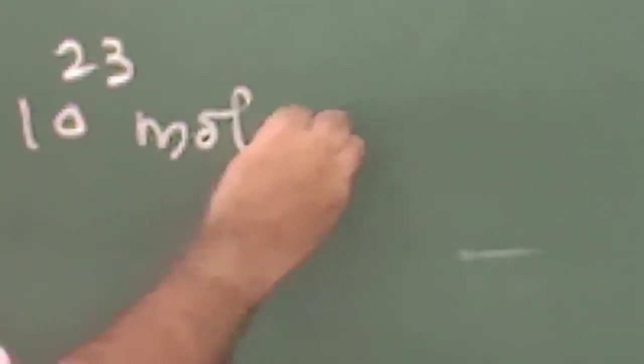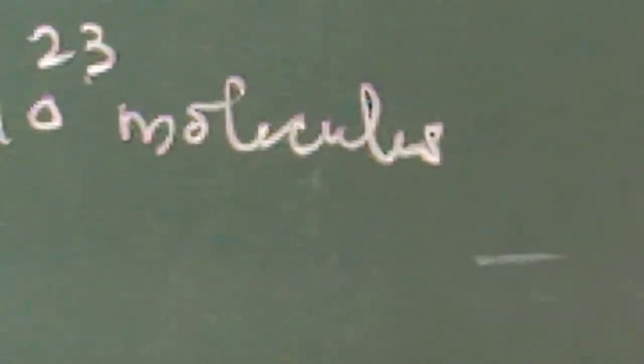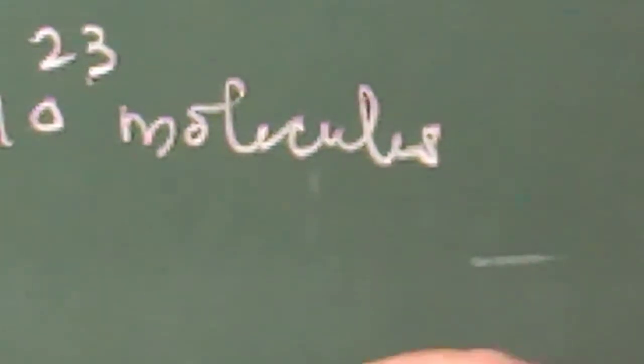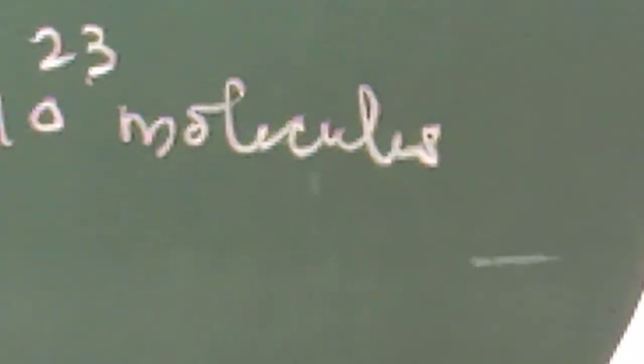Now, there are many atoms in 1 mole. If you see Avogadro's number, it is 6 x 10^23 molecules. The number itself is very great. So in 1 mole, a large number of atoms are present. Therefore, they are very closely spaced with each other.